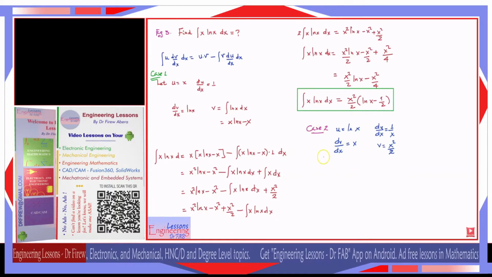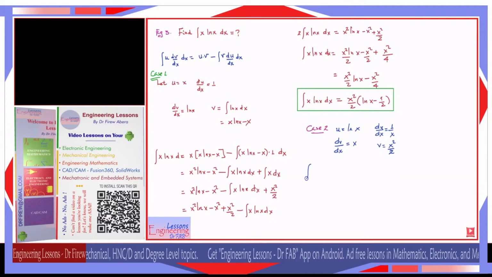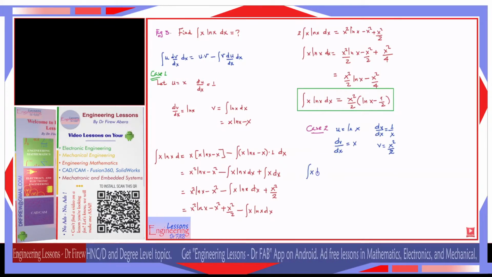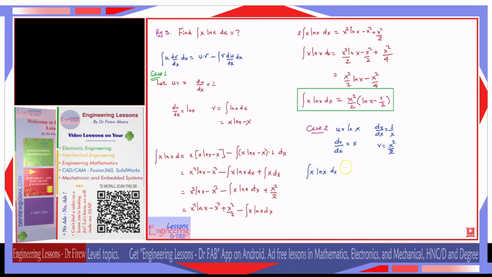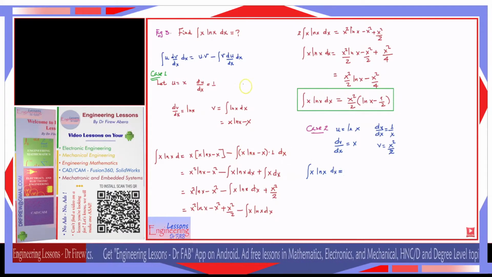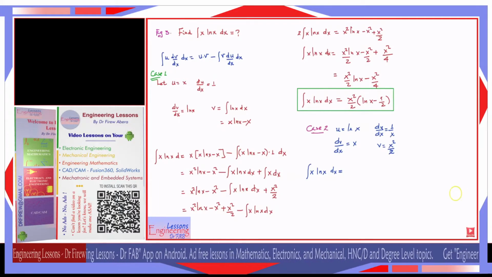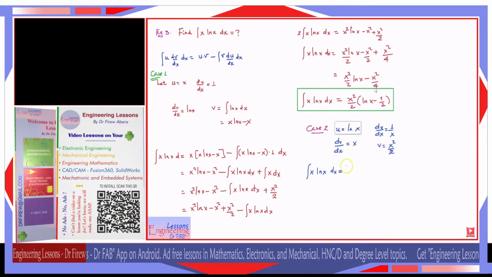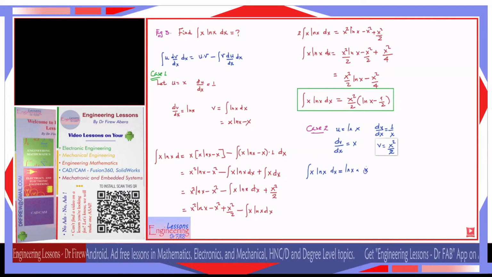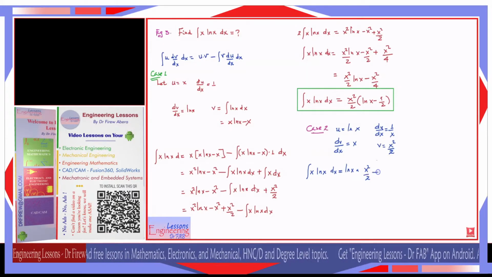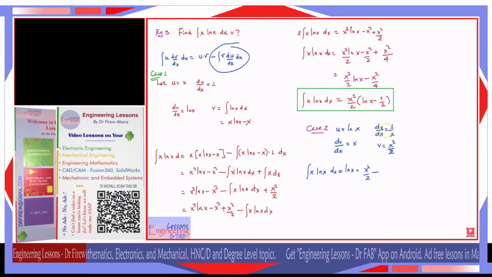Now let's do the same again. Insert this in our integration by parts formula, which is the integral of x ln x dx. So this equals u times v. So our u is ln x this time, times our v, which is x squared over 2, minus integral of v times du by dx.